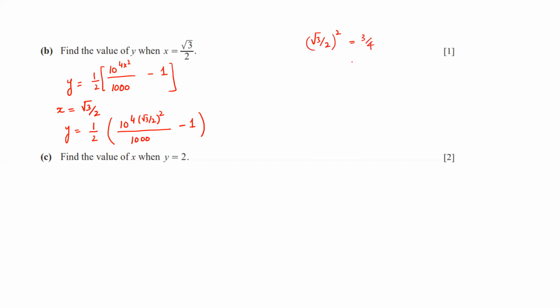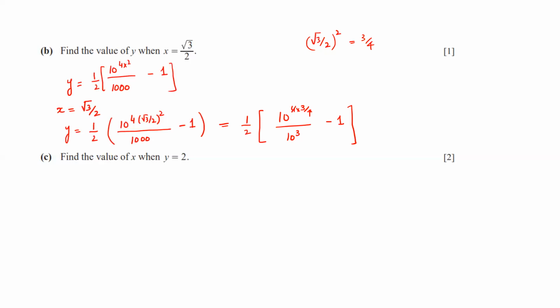And 4 multiplied by 3 by 4 comes out to be 10 to power 3. So this is 1 by 2, 10 to power 4 multiplied by 3 by 4 over 10 to power 3 minus 1.